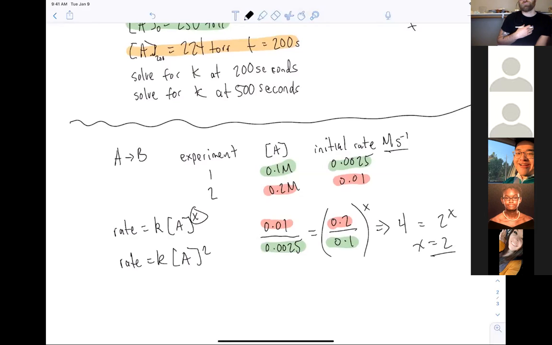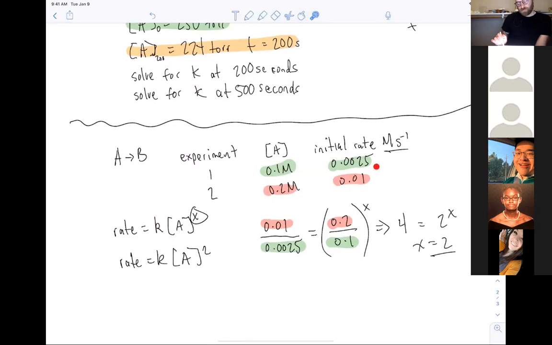Why are we allowed to ignore the k when we do 0.01 over 0.0025 and then the concentration over the other concentration? Is that the question? Why can we set them equal without k?